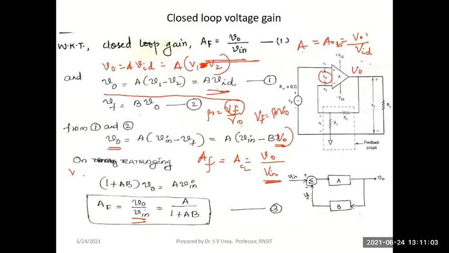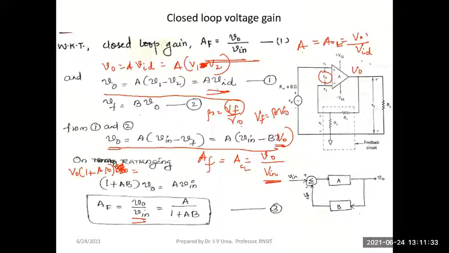I'll get V0 into 1 plus, since it is minus on the right hand side, 1 plus A beta is equal to A Vin. I have just regrouped the terms.